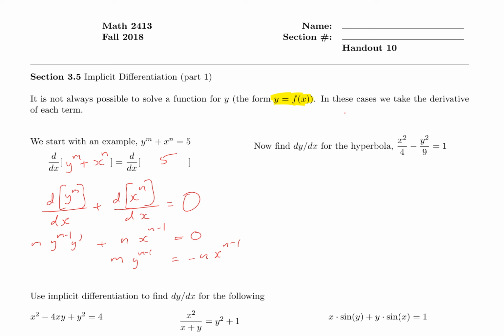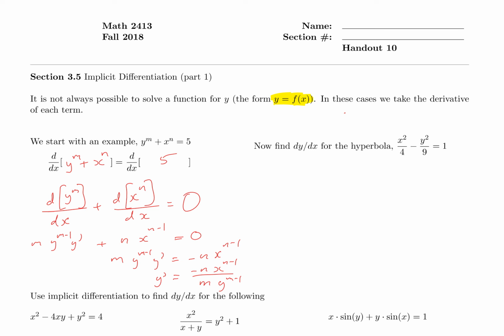And then don't forget the y prime. Got a little carried away there. And we divide through. And so y prime is negative n times x to the n minus 1 divided by m times y to the m minus 1. And there we go. That's it.